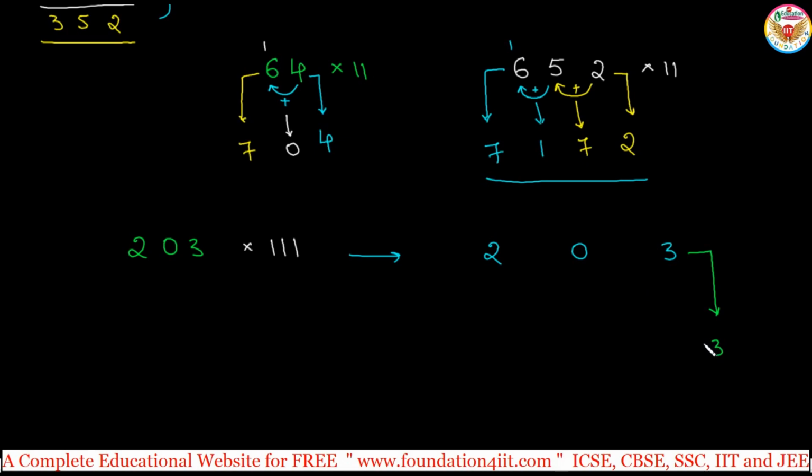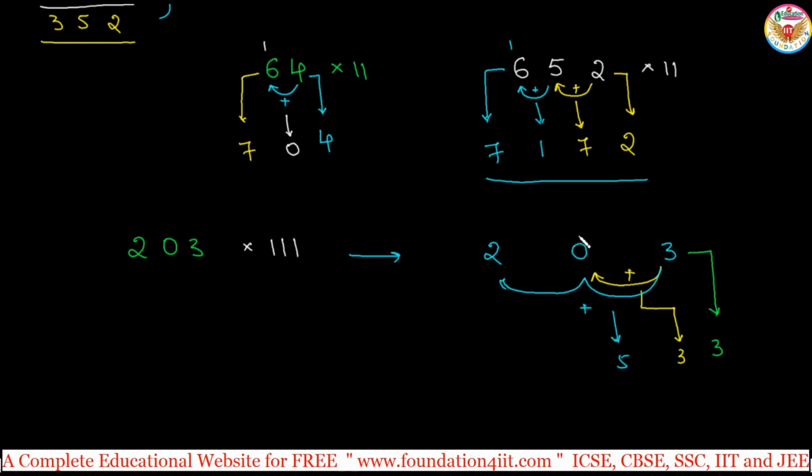Then 3 plus the next digit 0 is again 3. Then 3 plus 0 plus 2, continuously you have to add. By adding all 3 digits, you get 5.